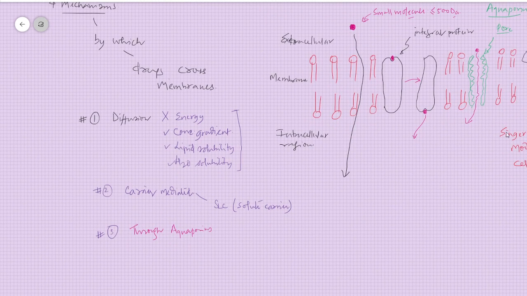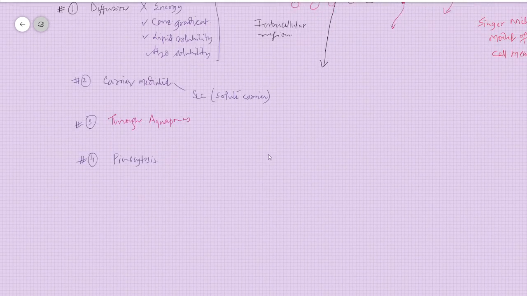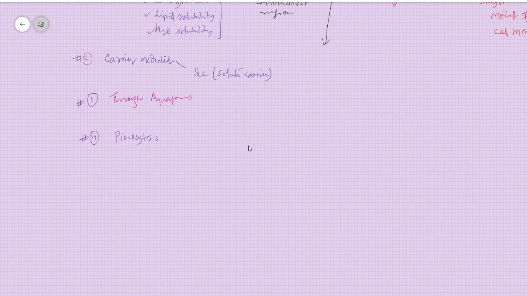The fourth mechanism is by pinocytosis. Suppose this is a cell, and this is the extracellular part. Let me write that properly. This is the extracellular environment.